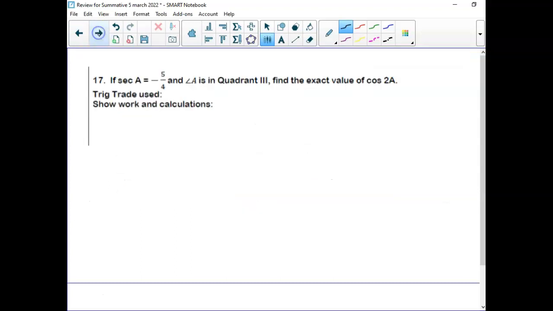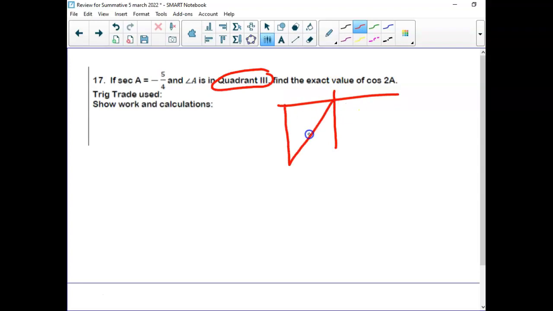All right. And then the last one here, I think this is the last one. This one again will say draw. I don't think it gives you the drawing this time. It says here quadrant 3. So if I go over here into quadrant 3 and I drop out the hypotenuse and connect it back to the x-axis, what is secant telling us?